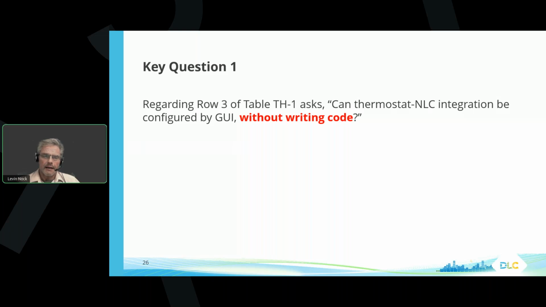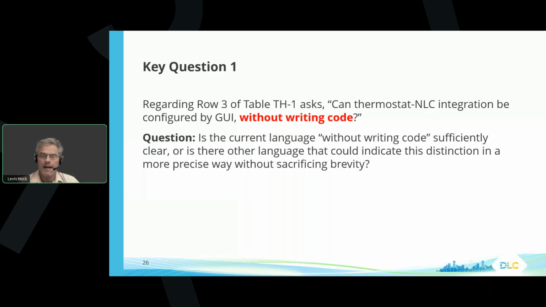The intent of the language without writing code is to separate systems that can be easily integrated on site by the installing contractor versus systems that require advanced customization by a third-party integrator or factory representative. Is the current language without writing code sufficiently clear, or is there other language that could indicate this distinction in a better way?